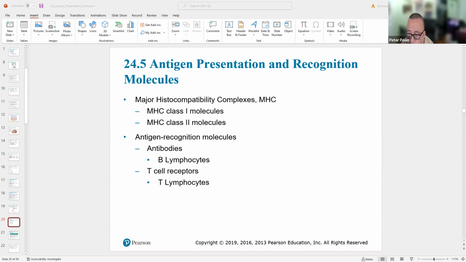These antigen recognition molecules are antibodies and T cell receptors. T cell receptors act on MHC class 1 and check every cell, because every cell has MHC class 1. They bind to MHC class 1 and see if there's anything they need to kill.